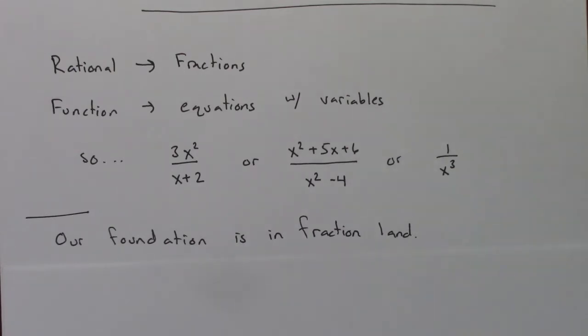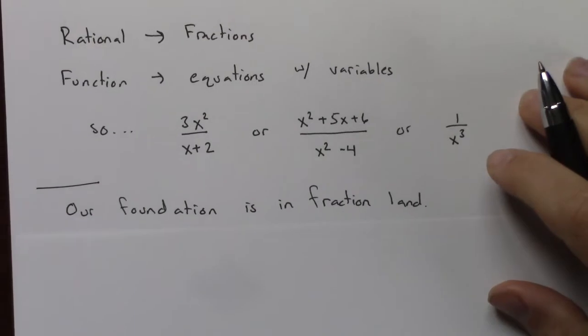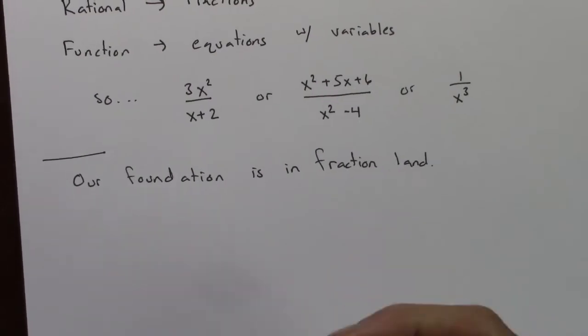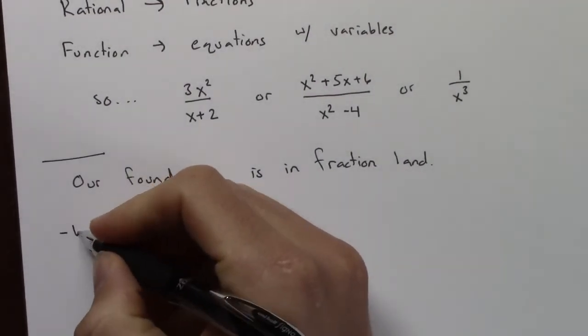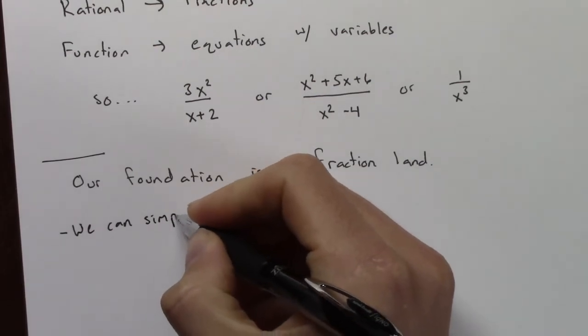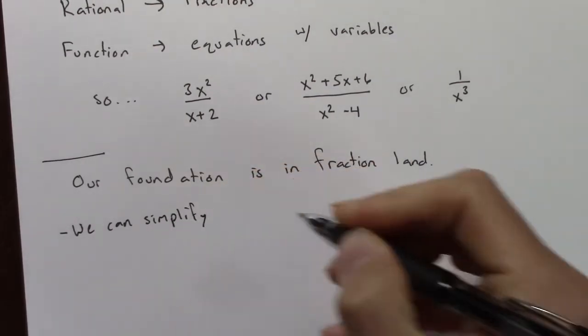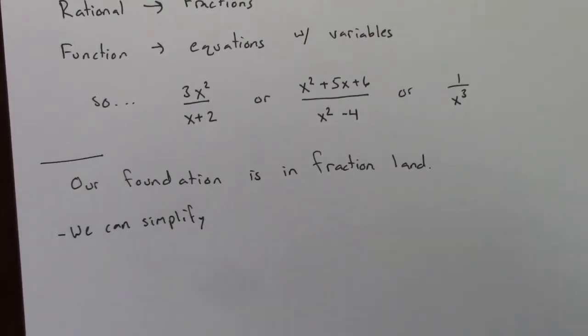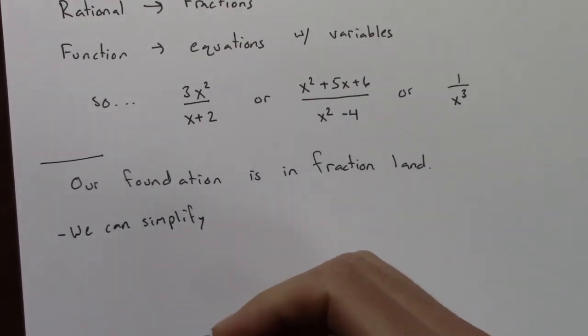I'm going to start this lesson by looking at some fraction pieces. When we talk about fractions, we know that we can simplify. And when we think about simplifying, all that means is we are finding numbers that go in evenly to both the top, the numerator, and the denominator.